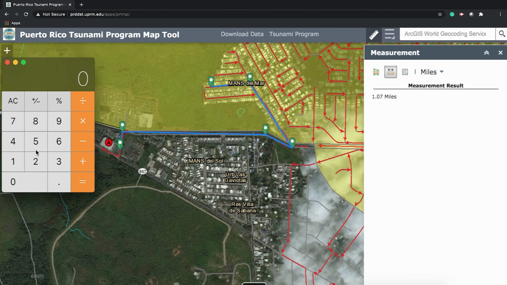Divide 1.07 miles by 2.5 miles per hour to get 0.428 hours. Multiply by 60 minutes to get 25.68. Therefore, it will take about 25 minutes to walk from this house to this assembly point at 2.5 miles per hour.